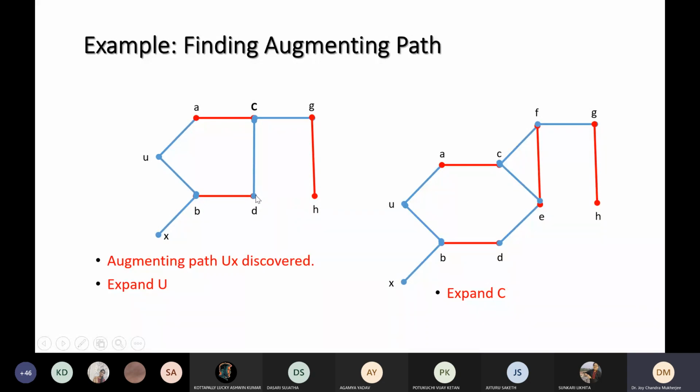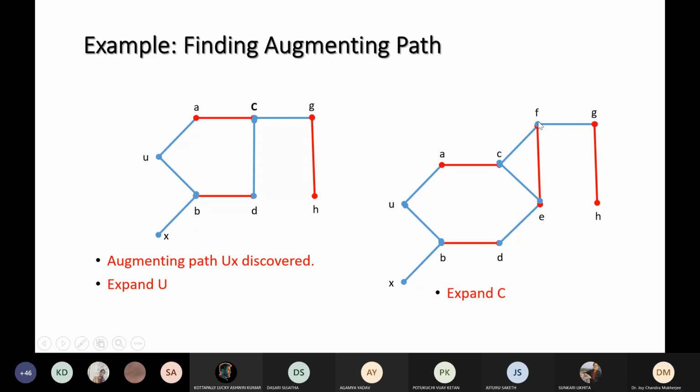I reach C, but I see that when I reach C, it is a super vertex. So I expand it. Once I expand it, I get this. So when I expand DC, I reach E. Now there are two things. There is an unsaturated edge, there is a saturated edge. Since D is an unsaturated one, I must go by the saturated one. Since it is an alternating path, I go by EF.